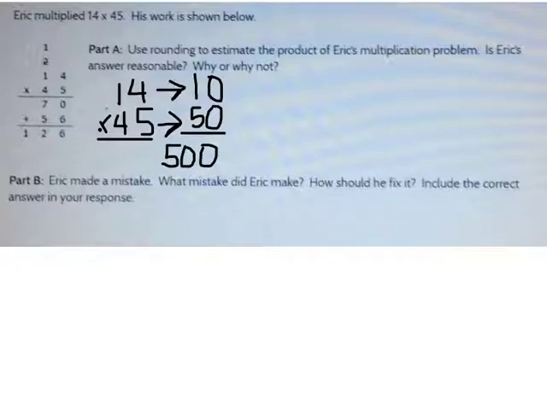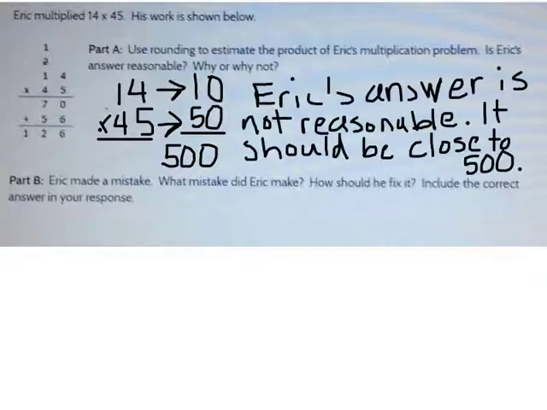To see if our answer is reasonable, let's compare our answer to our estimate. 500 is not very close to 126. So, Eric's answer is not reasonable. It should be close to 500. Make sure that's written down on your paper.